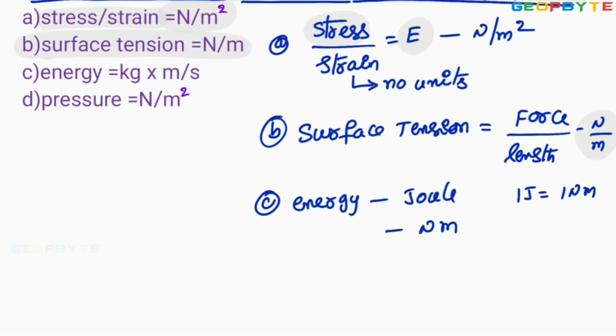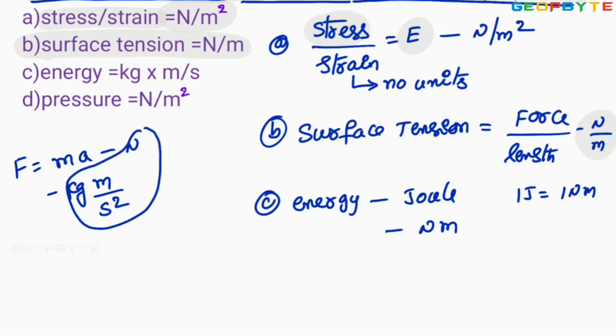Newton is the unit of force. Force F equals m a. Mass is in kg, acceleration in meter per second square. So the force unit is Newton, so Newton means kg meter per second square.